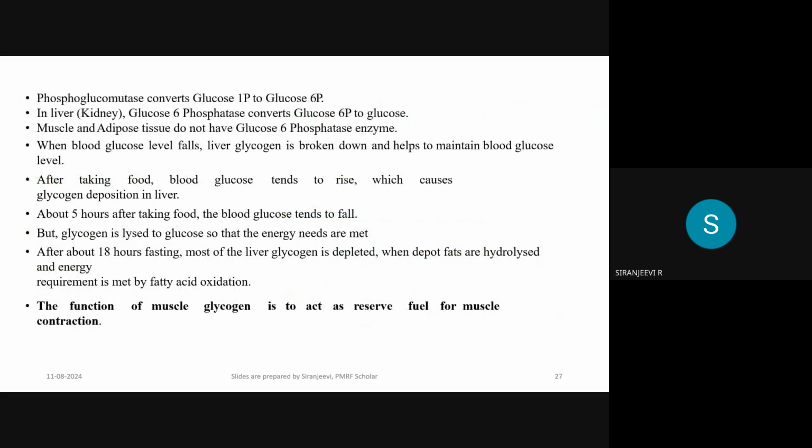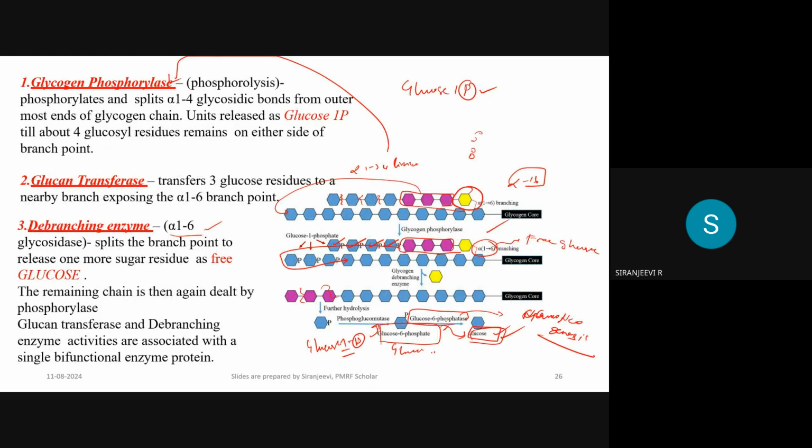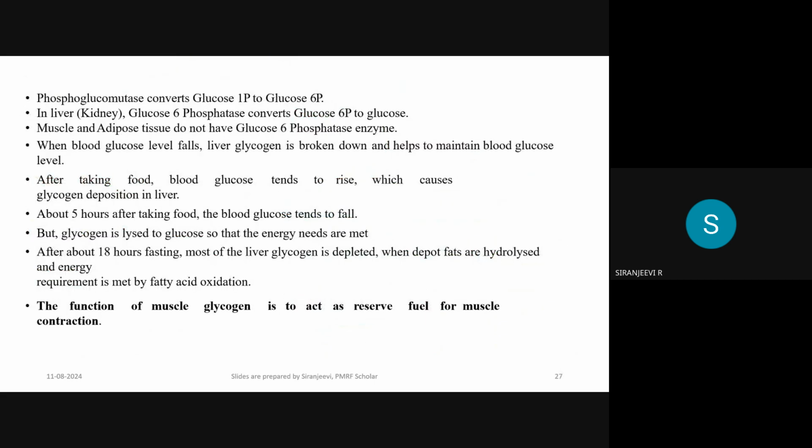But there is one thing: in the muscle, we don't have this glucose 6 phosphatase. I will tell you in the coming slide what will happen. So the phosphoglucomutase converts glucose 1 phosphate to glucose 6 phosphate. In the liver or the kidney, glucose 6 phosphatase converts the glucose 6 phosphate to glucose. Then finally it will increase the blood glucose level.